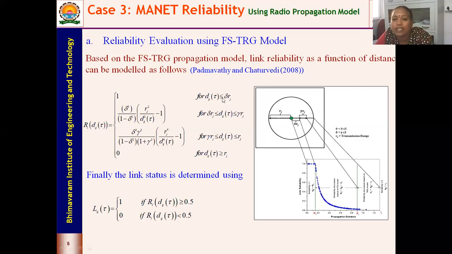When the distance is less than delta Rj, we take it as equal to 1. When I project it, from 0 to delta Rj, I have written it in red color. So from 0 to delta Rj, my link reliability is equal to 1.